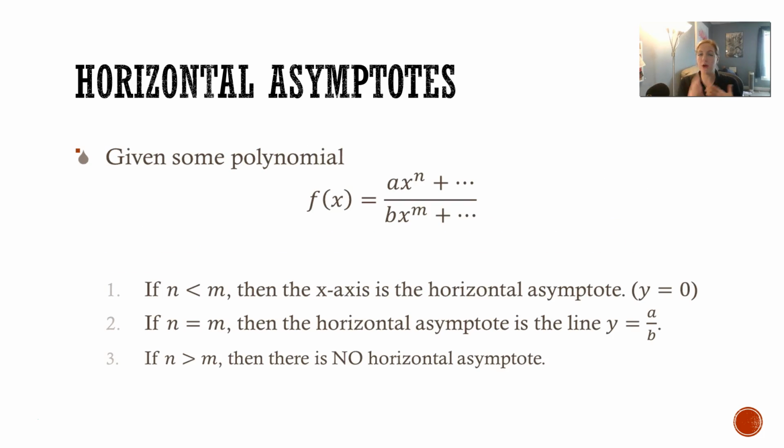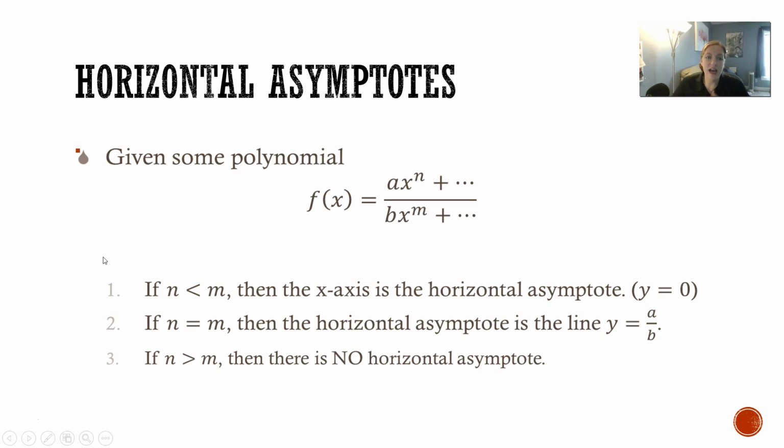And so how do we actually figure out horizontal asymptotes? Because that's what I kind of skipped over before. Well, the idea is you're going to look at the leading exponent on top in the numerator, and compare it to the leading exponent on the bottom. When I say leading exponent, I'm just referring to the largest exponent on the top and bottom.